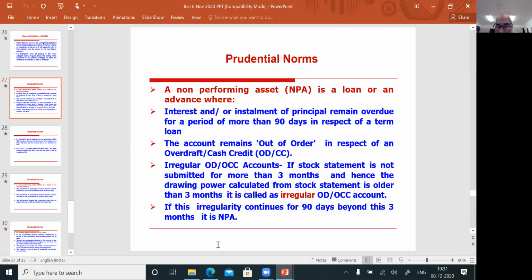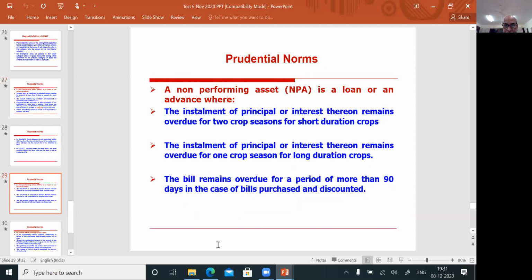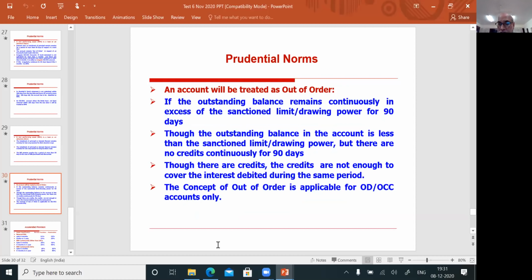With regard to an ODOCC account, if the account remains out of order, it will be classified as NPA. What is out of order? We will see the slide, then come back here. So this is an out of order advance. If an ODOCC account meets any of these points, it is considered an out of order advance, and then it will be classified as NPA.